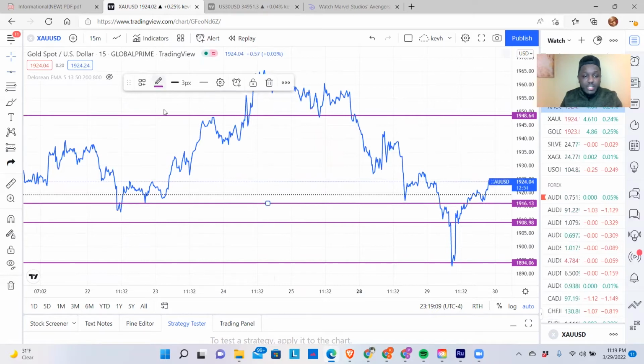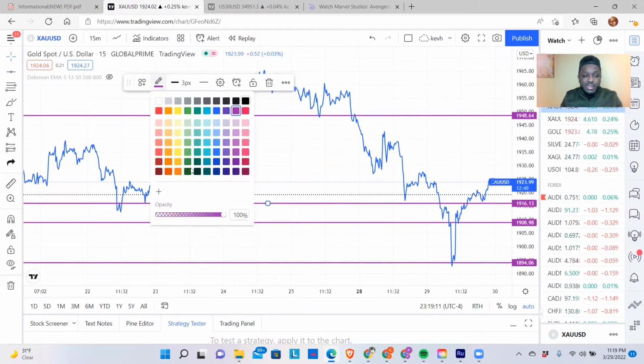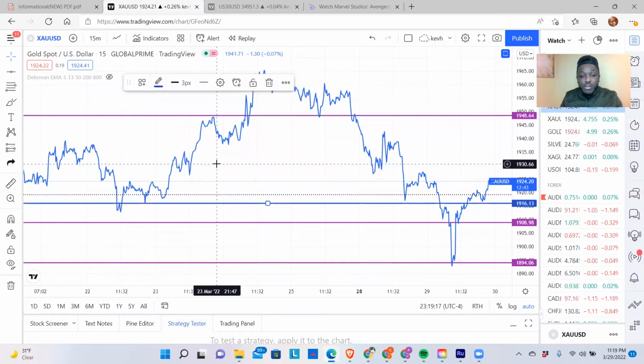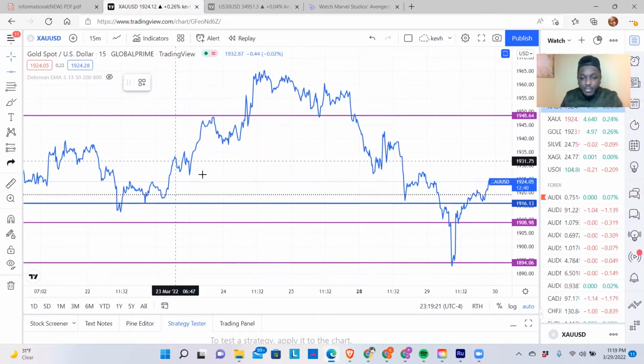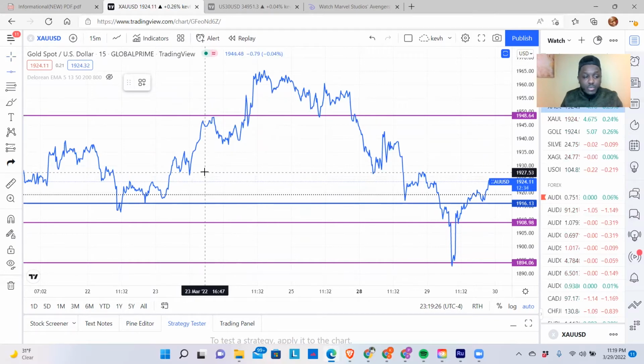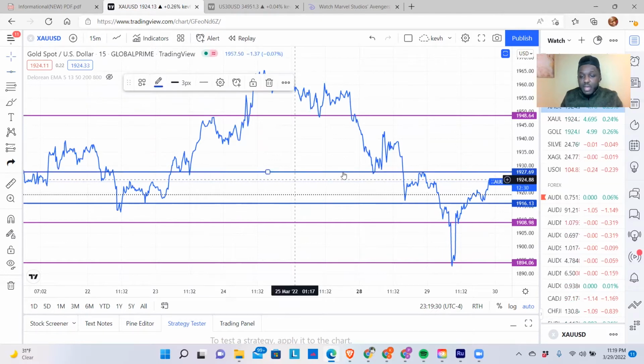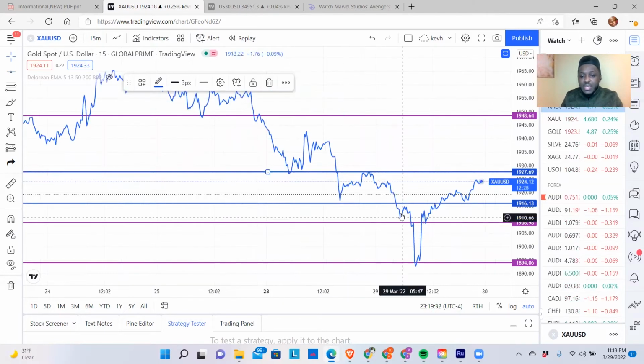Probably change colors, have a dark green or maybe even a dark blue on our 15 minutes, just to have some kind of difference there. I like to know which lines are which. Okay, so I have this as well, and that could pretty much be it for us.